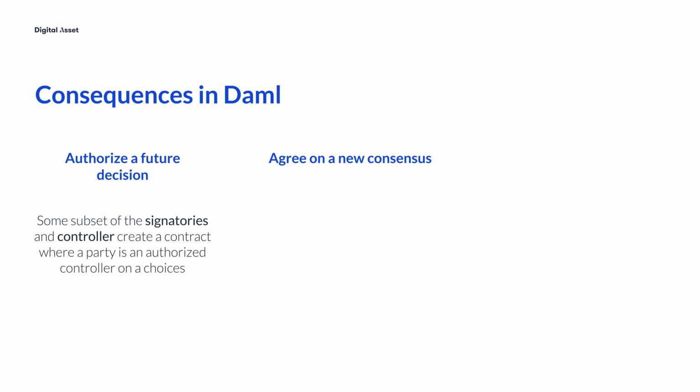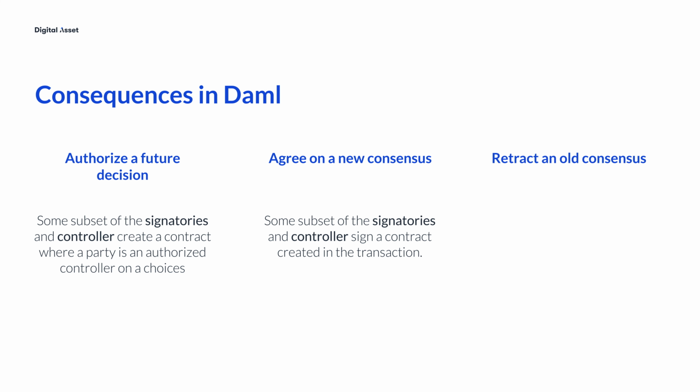Also, the authorizers and the decision maker can agree between them to attest that a new fact is true. In DAML, this is represented by some subset of the signatories and the controller becoming signatories on a newly created contract that represents a statement of fact. Also, the authorizers and the decision maker can agree between them that a previously attested fact is no longer true.